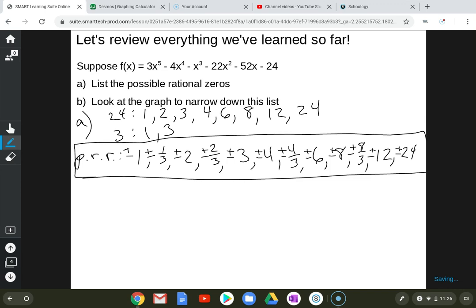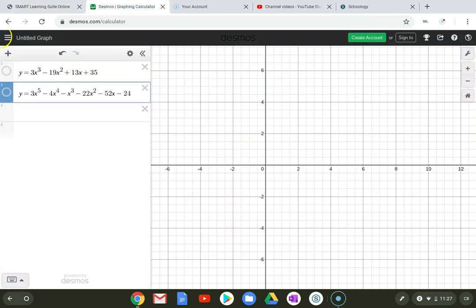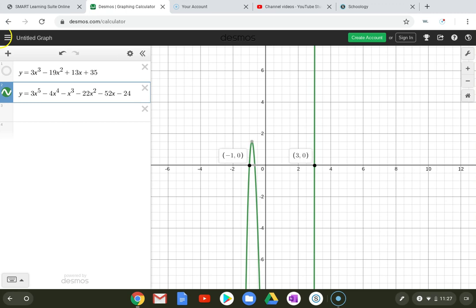Because now for part B, we're going to look at the graph, and we're going to see if we can narrow this list down. So I'm going to switch over to Desmos, turn off my first graph, turn on this graph, and here's what we've got. So it looks like we have a 0 at -1, a 0 at 3, and then something that's in between 0 and -1.